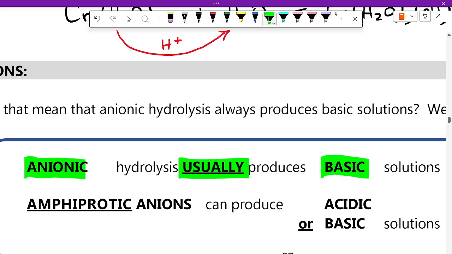However, anions can also be amphiprotic. So amphiprotic ions could produce acidic or basic solutions, and that's just going to depend on their strength as an acid and their strength as a base. They'll be stronger at doing one or the other.